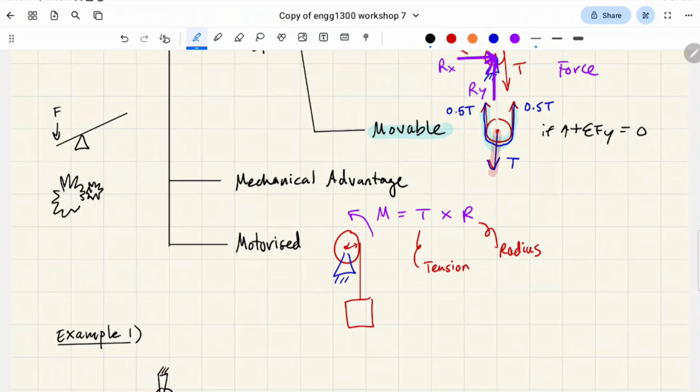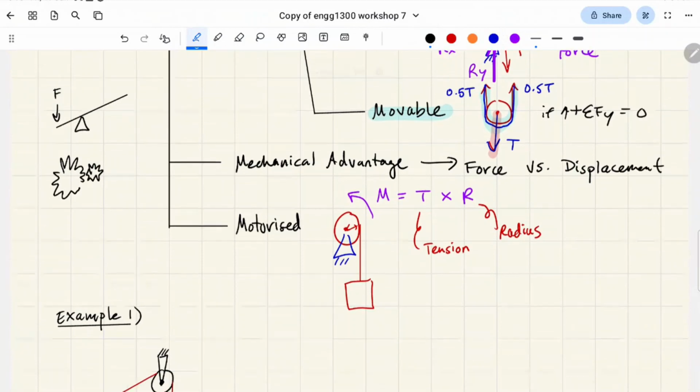And the last is pulleys, right? So pulleys will generate a mechanical advantage for you, which I'll explain down below. But in general, there's this balance between force and displacement. Okay. So I'll show you some examples first.